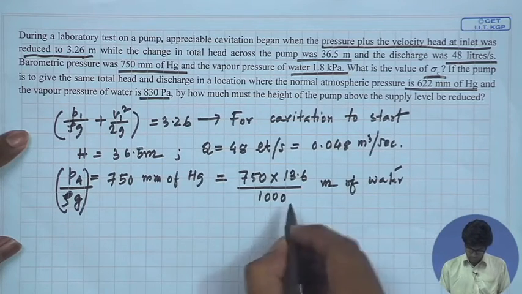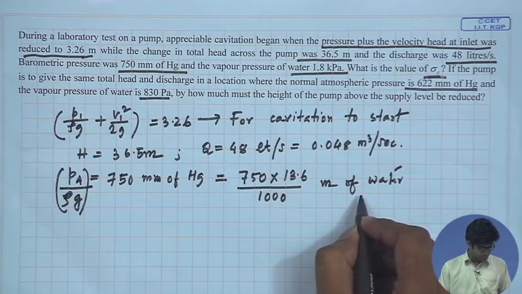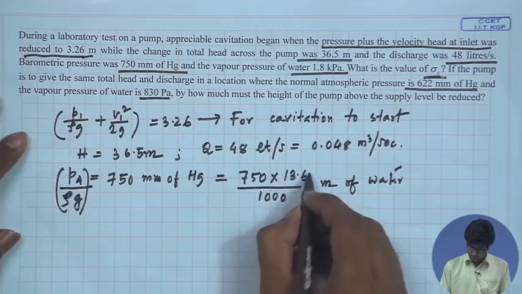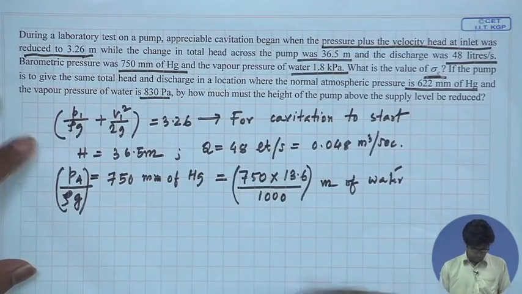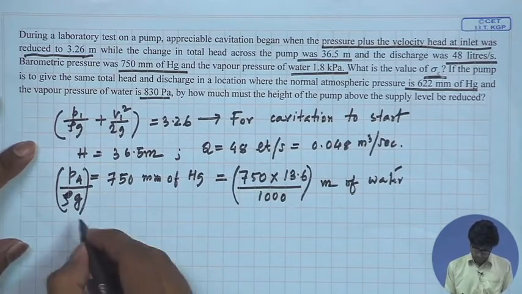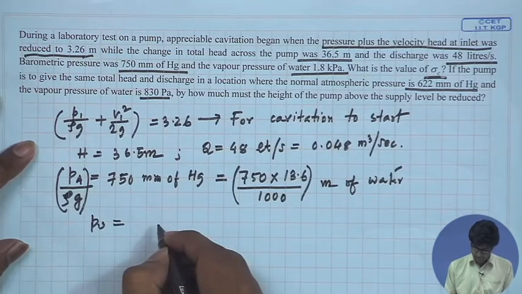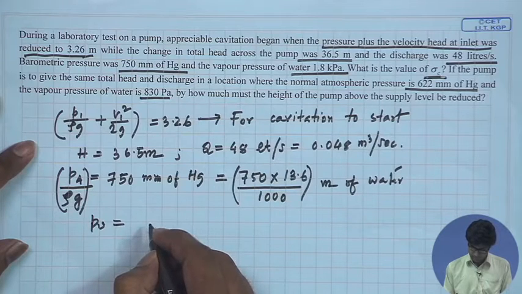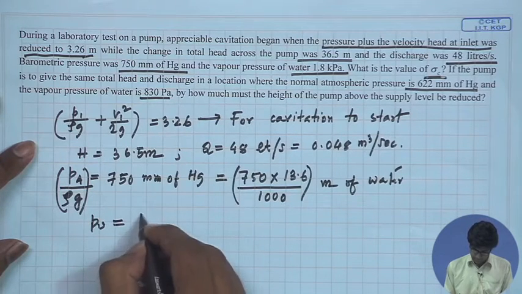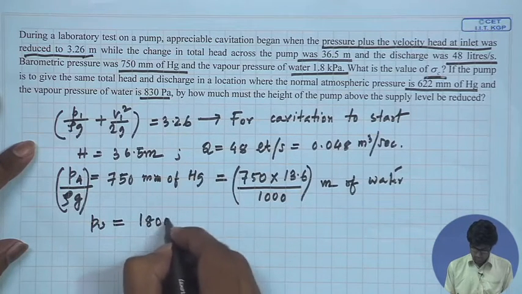Let us leave it like this only. Next, the vapor pressure at this atmospheric temperature and pressure is given as 1800 Pascal.